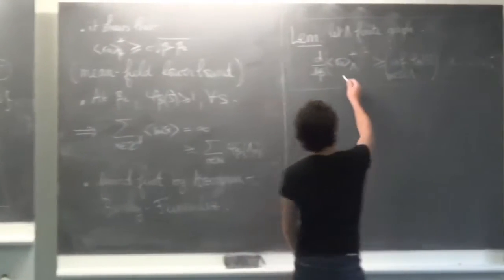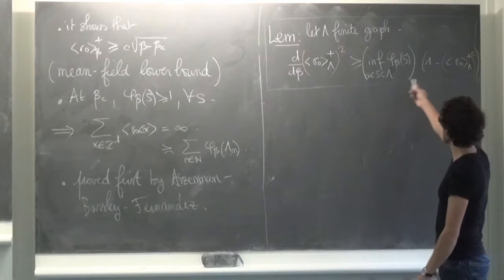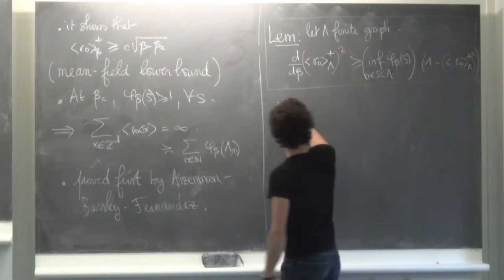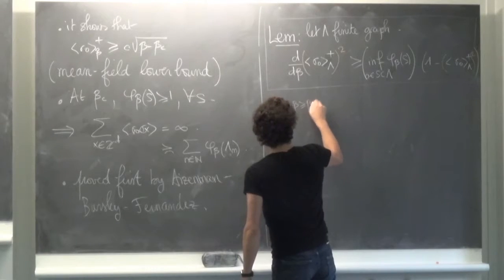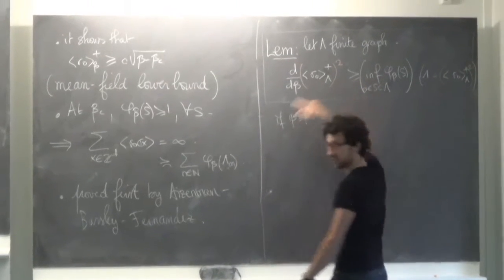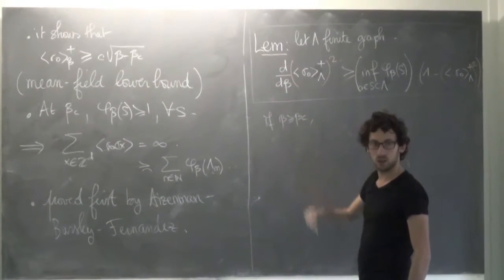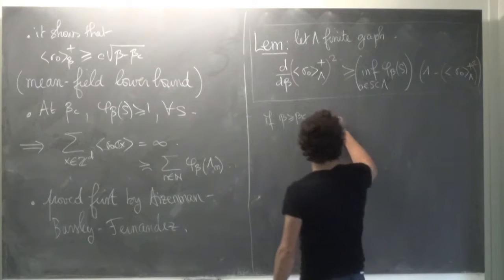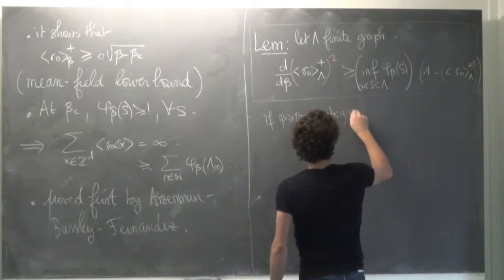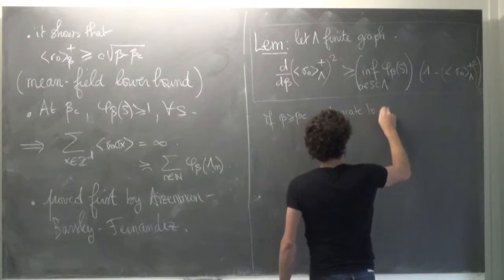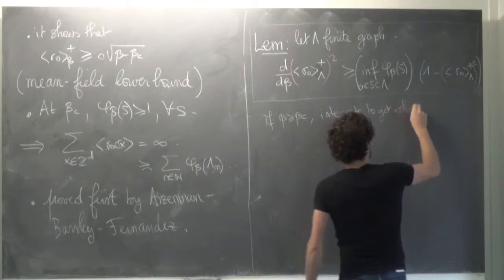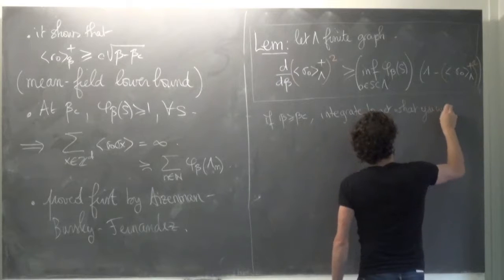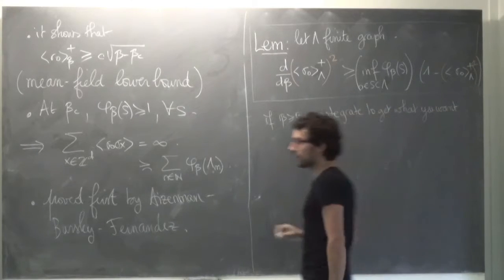Okay, I'm not going to integrate this thing, but you see now that if beta is larger or equal to beta c, you can integrate that, and you are going to get what you want. So in fact, I'm cheating, but just cheating for technicalities.